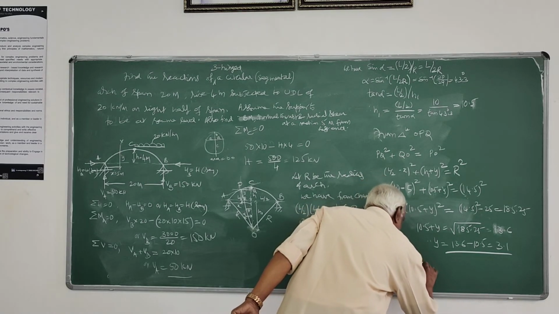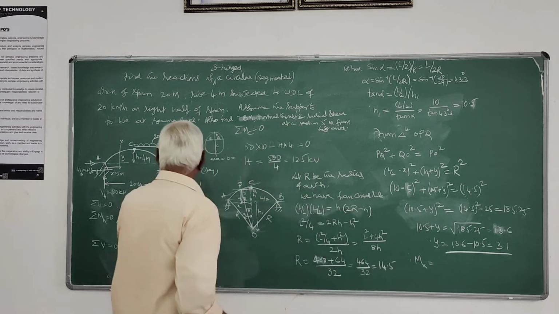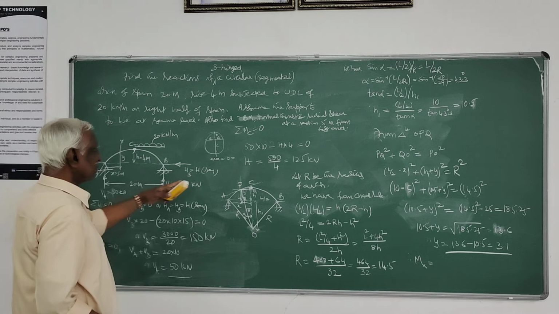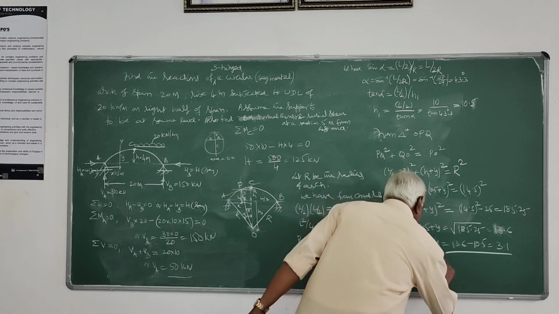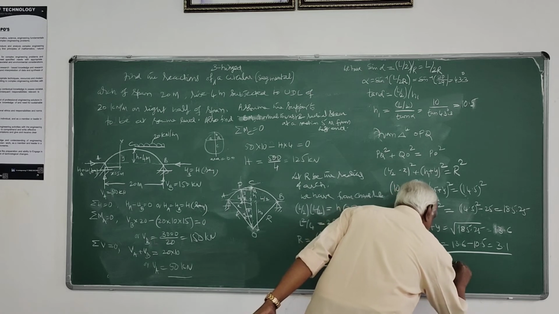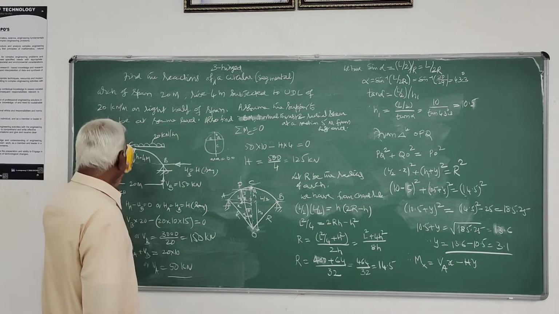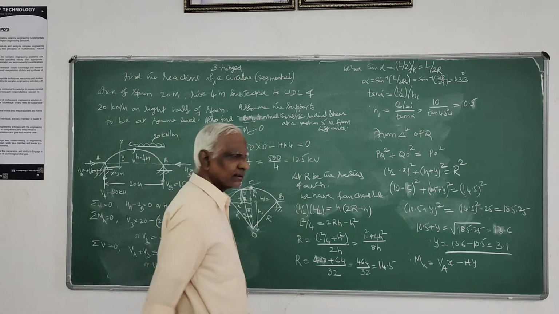So, bending moment Mx is equal to, I will take the free body diagram towards the left side. H, which you have already determined. So that is first Va into x minus H into y. That is your bending moment at that section.